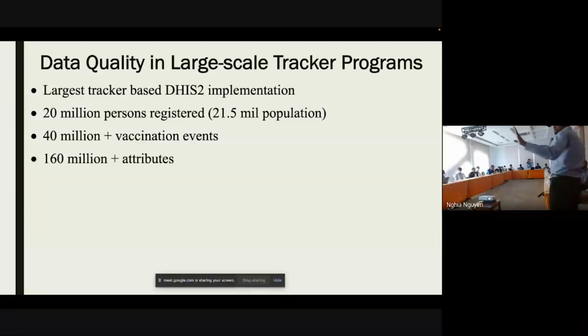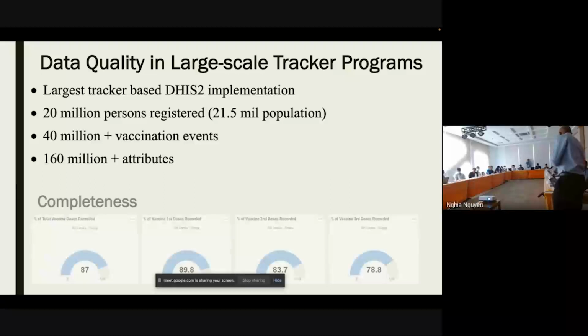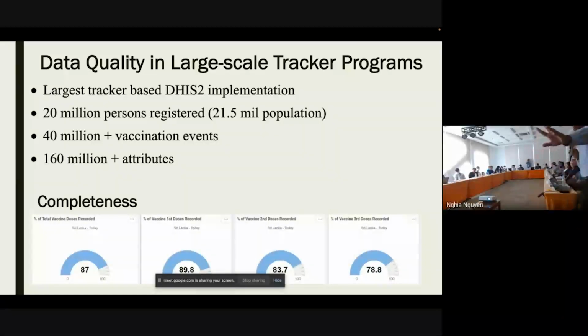After implementing this with all these millions of vaccination events and attributes, we did a review to identify some aspects of data quality. This was done a couple of months back, in May 2022. What we found out was that we had an overall completeness of 87% of data in our tracker program.